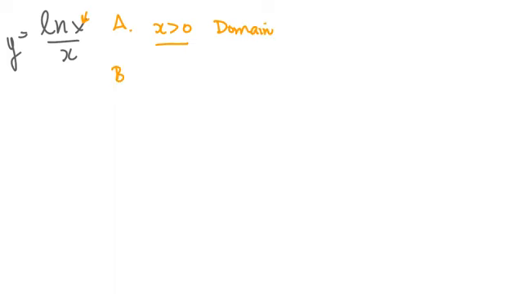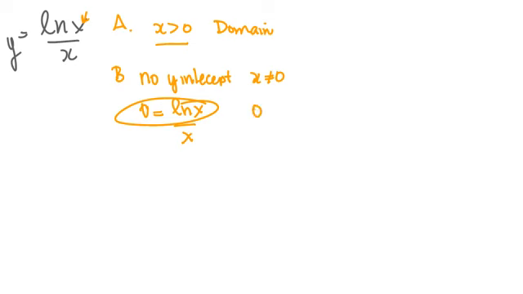Now, the second part is the intercepts. There's no y-intercept because x cannot equal 0, and there's an x-intercept when y is 0. So when y is 0, we're solving log x over x, which means we're solving for the numerator.